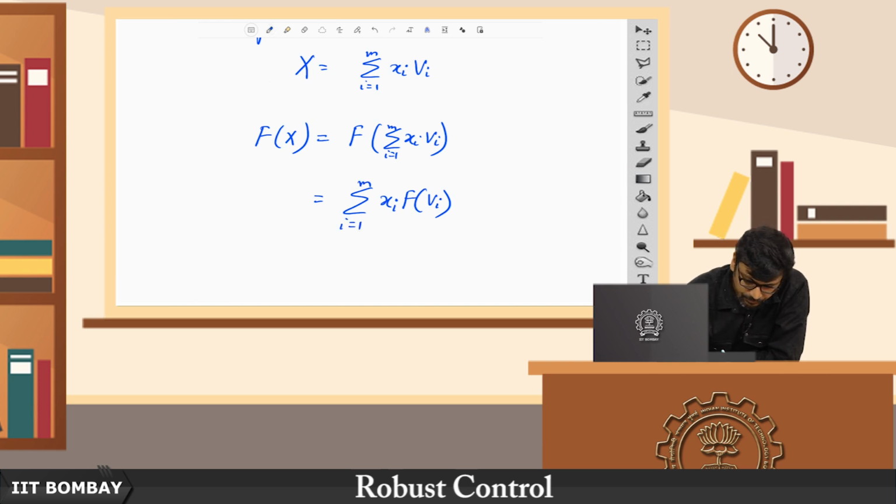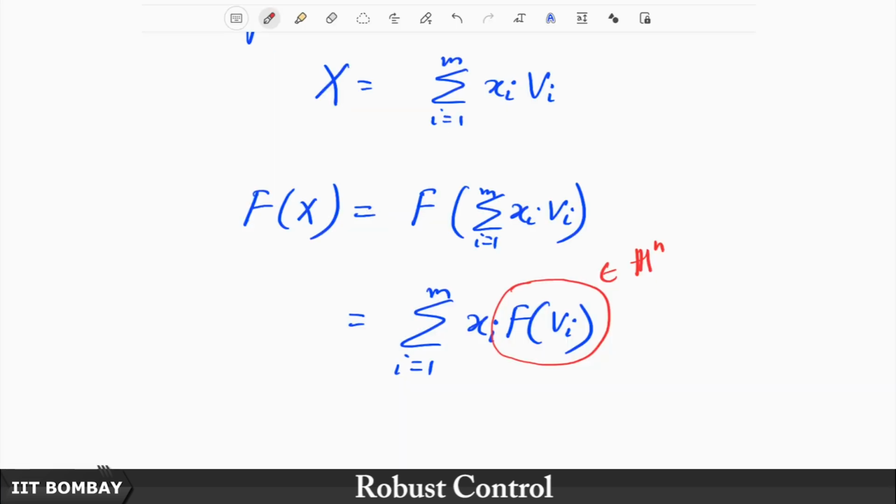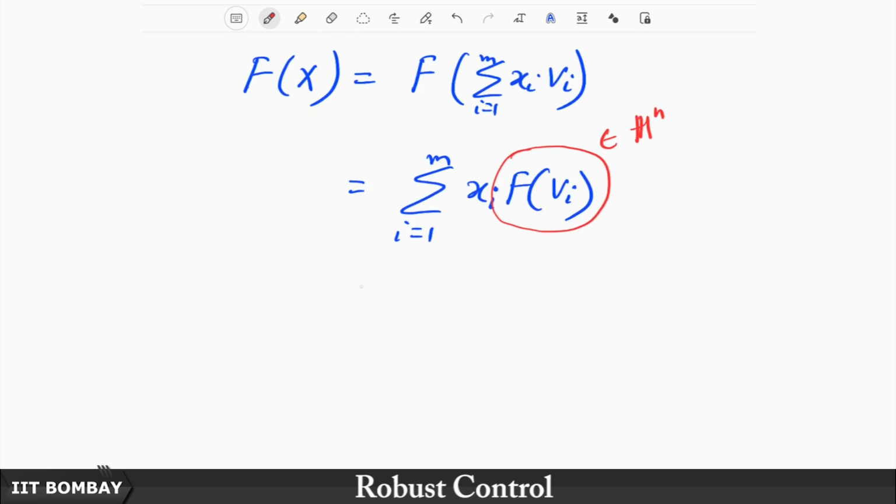Now note, what are these objects f of vi's like? F is a map from the vector space curly X to the space of Hermitian matrices. Therefore, f of vi definitely belongs to the space of Hermitian matrices, that is the image of the linear map f, right. So, therefore, let us define f of vi as Fi belonging to Hn.